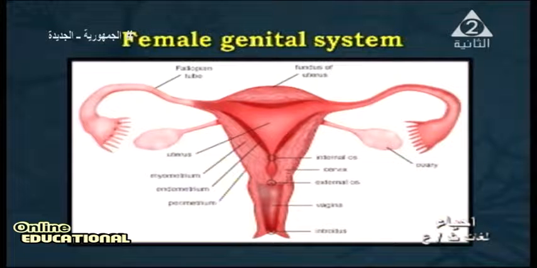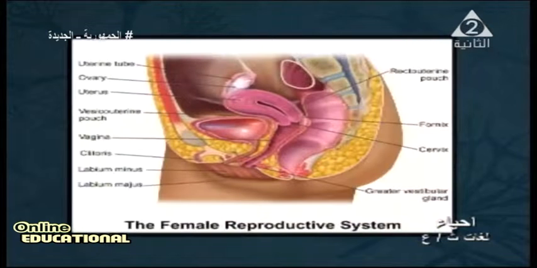You can see that it takes the shape of a pear inside the abdominal cavity. This is the ventral view of the female reproductive organ.